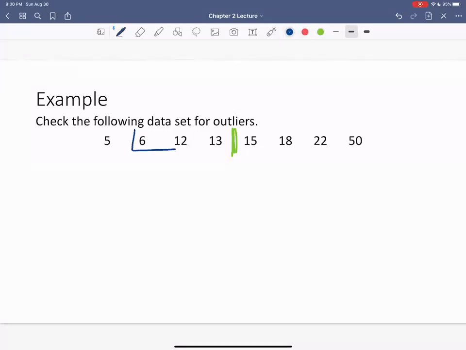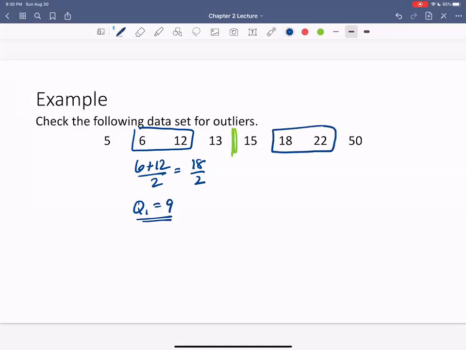For quartile 1, here's the middle, so 6 plus 12 over 2, which is 18 over 2. So quartile 1 is 9. For the upper half of the data, here's the middle, so 18 plus 22 over 2, which gives us 20. So quartile 3 is 20.